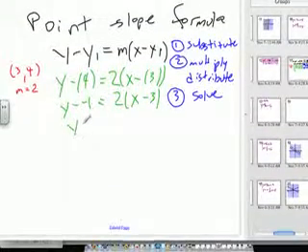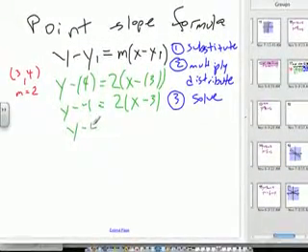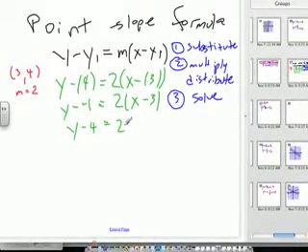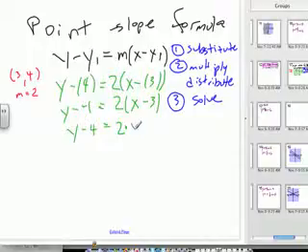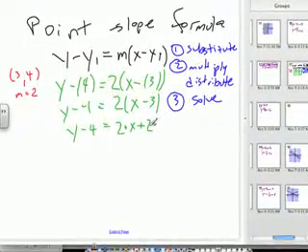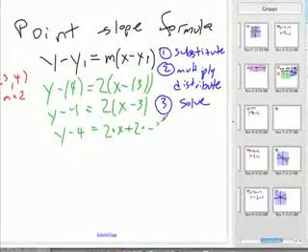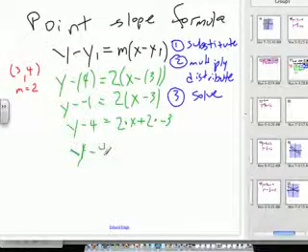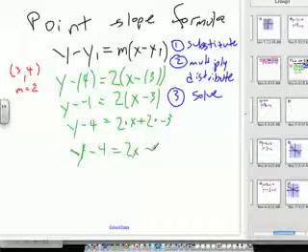So I have y minus 4 equals 2 times x plus 2 times negative 3. So now I have y minus 4 equals 2 times x is 2x, and 2 times negative 3 is negative 6.